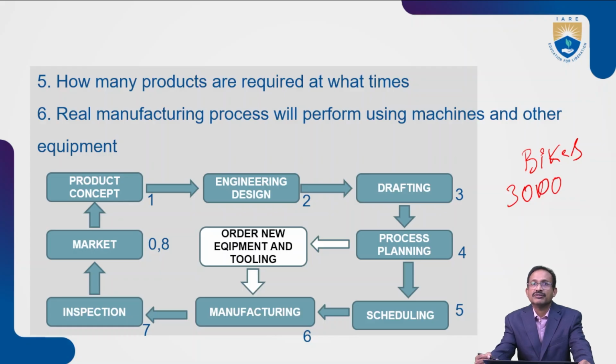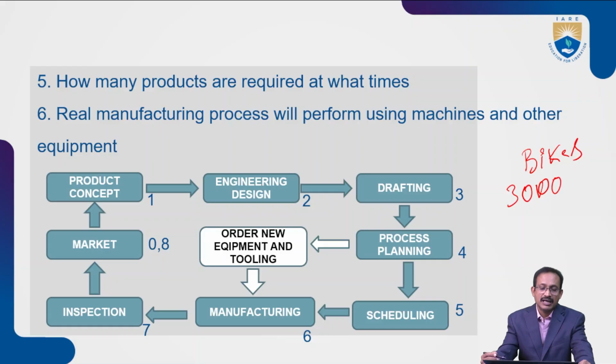Out of 3000, 2000 bikes should be sent to the Secunderabad showroom, let us say, and 500 to Vijayawada and 500 to Vishakhapatnam. So the scheduling department people will give instructions regarding how many products to be delivered, that means how many products to be manufactured in the stipulated time. Maybe on a weekly basis, monthly basis, day-wise, quarterly, half yearly, or yearly basis.